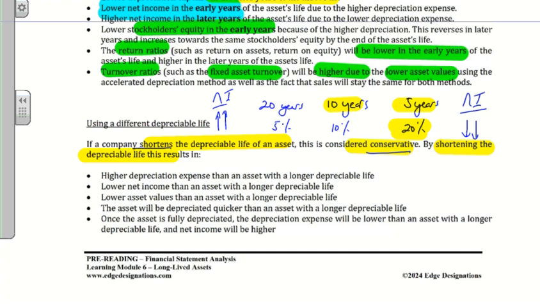Then I'm being what we would call aggressive. That would be adopting an aggressive accounting policy. This is a conservative accounting policy. You can just see all the impacts of that. If I reduce the life of the asset from 10 to 5 years, I increase the depreciation charge, I reduce my net income, and there we go, those are all the impacts for you there.